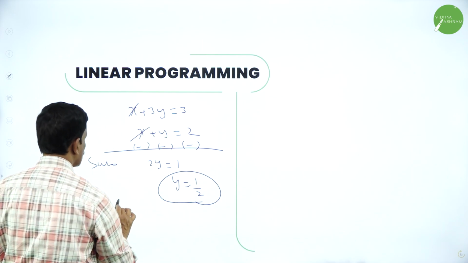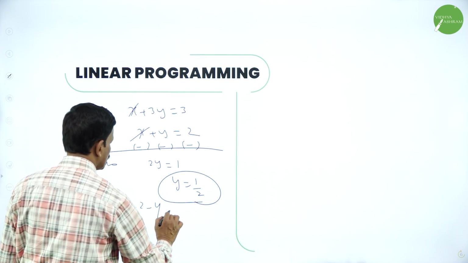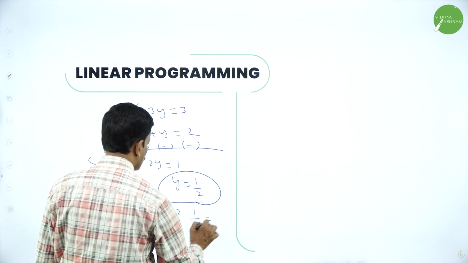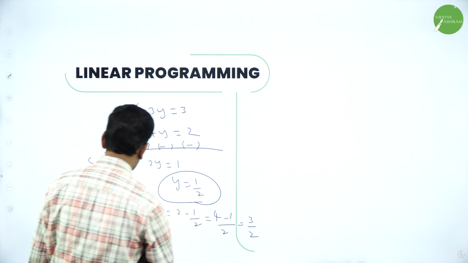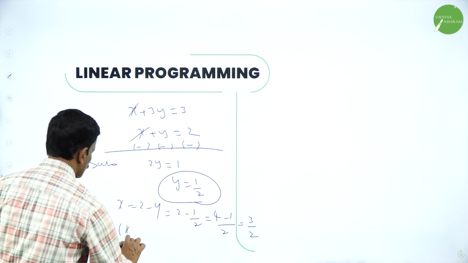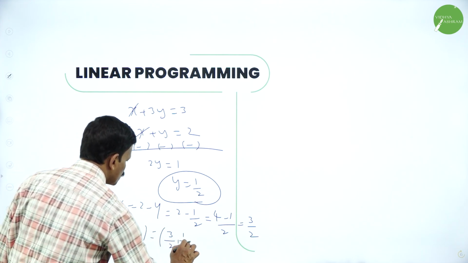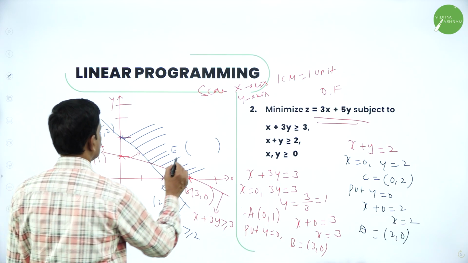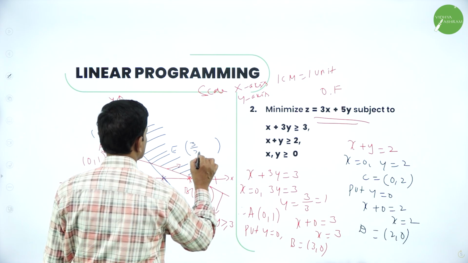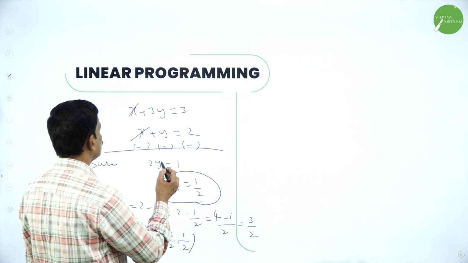Now what is x? x is equal to 2 minus y, that is 2 minus 1 by 2. 2 2s are 4, minus 1 by 2 is equal to 3 by 2. Therefore the point x comma y is 3 by 2 comma 1 by 2. Here x is 3 by 2, y is equal to 1 by 2.